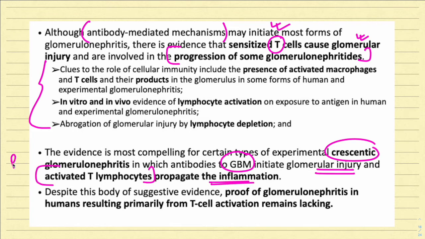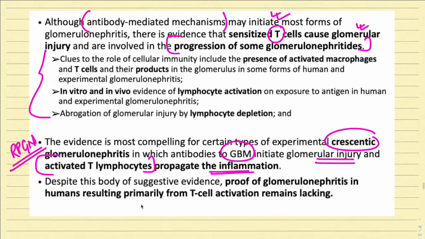So in RPGN, or rapidly progressive glomerulonephritis, also called the crescentic variety, the injury is started by antibodies, but the disease process is propagated by activated lymphocytes. Though many experimental proofs have been hypothesized, substantial evidence regarding the T cell role is still questionable. Just remember the role of T cells in glomerulonephritis.